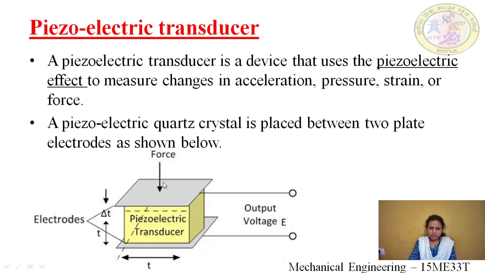If you see this diagram, we are placing a piezoelectric quartz crystal between these two electrodes. Whenever a force is applied on this piezoelectric crystal, it is converted into voltage. This voltage is proportional to the force applied on it.